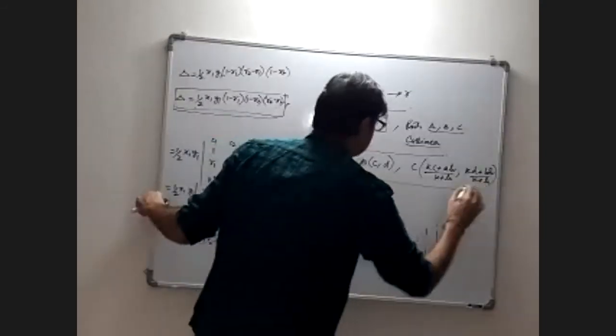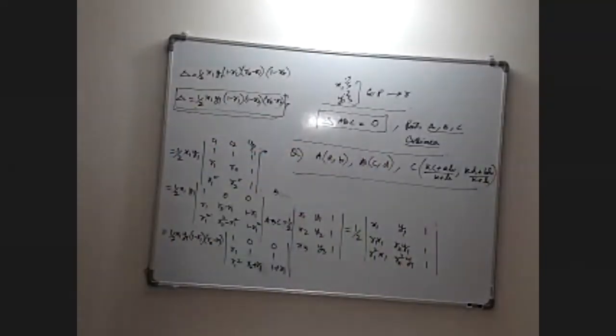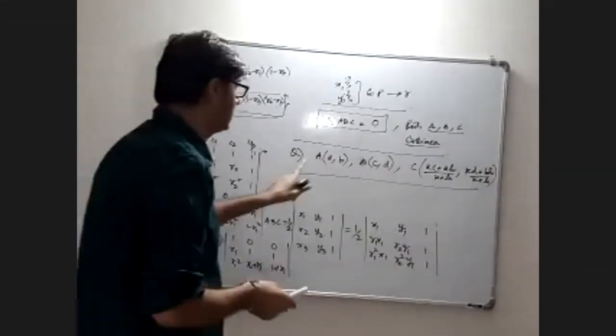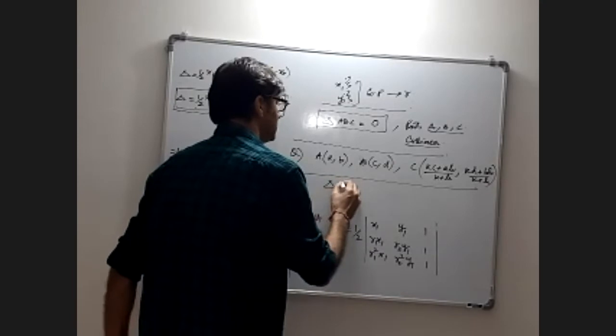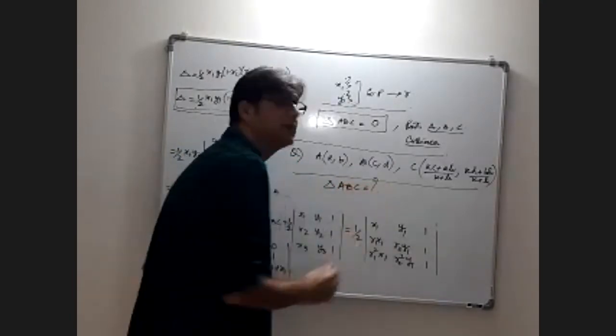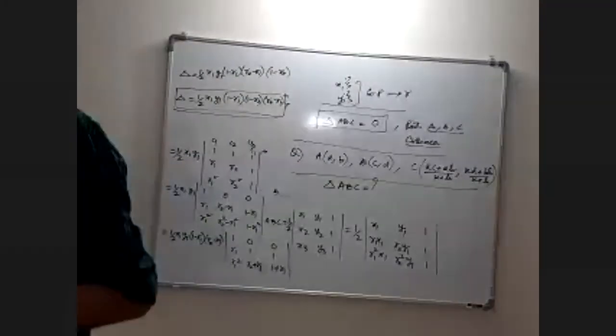Okay, these are the three vertices of the triangle A, B, and C. Can anybody tell me what is the area of the triangle ABC? Anyone who can answer this question?